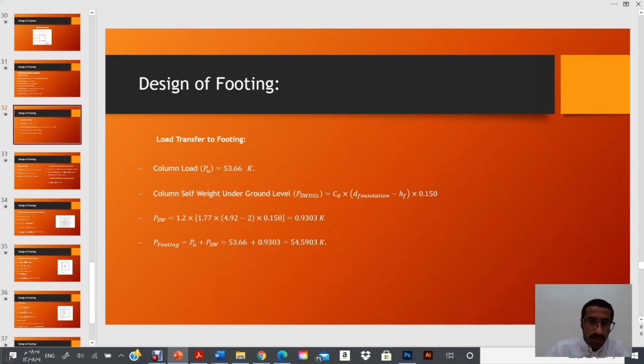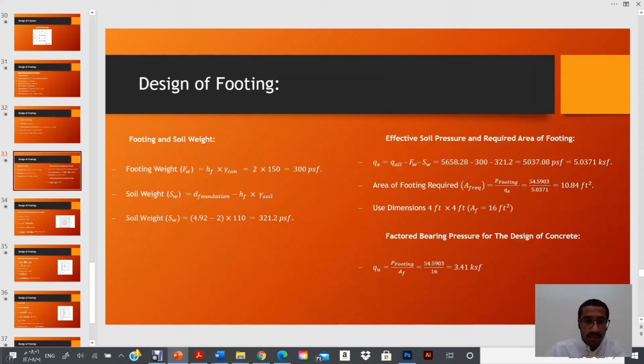The load transferred to the footing will be the load from the column to the footing, and the self weight from the column under the ground level, which equals 0.9303 kips. So the total load to the footing, Pu plus Psw, equals 54.5903.